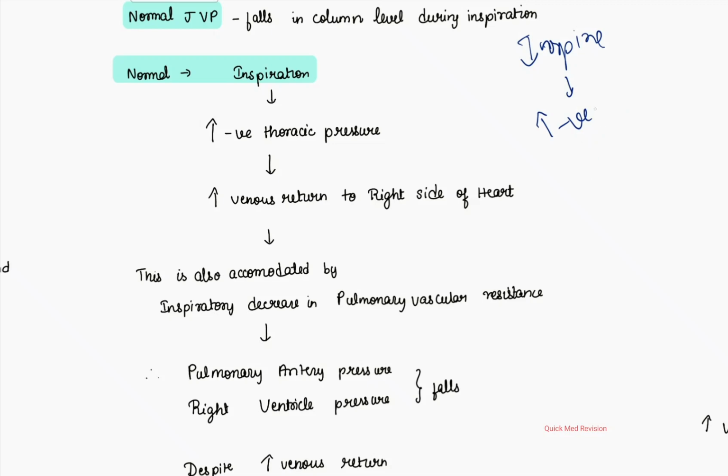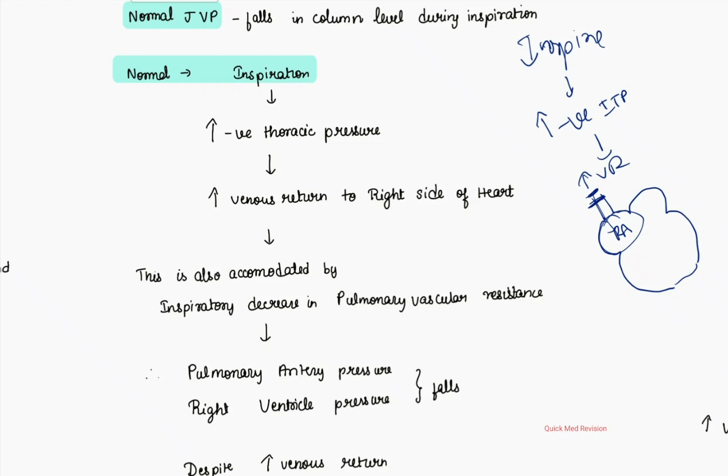Because of this, there will be increased venous return to the right side of the heart. If this is the heart, this is the right atrium. When the blood comes down to the right atrium, the column of JVP falls during inspiration. This is the basic logic.